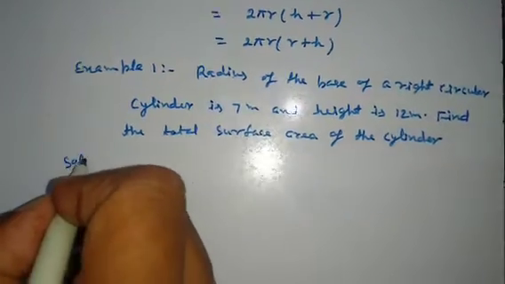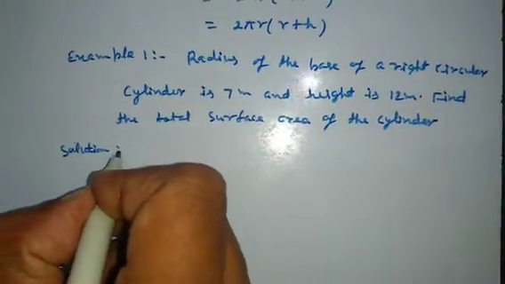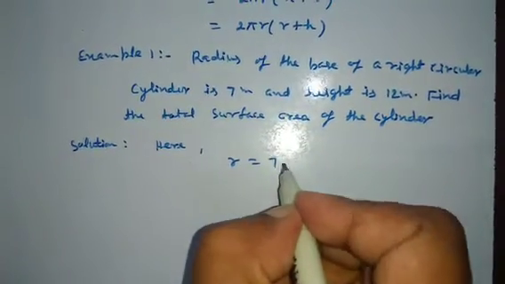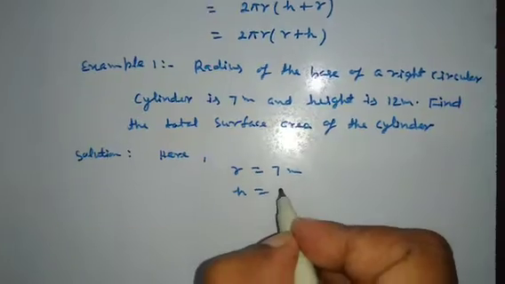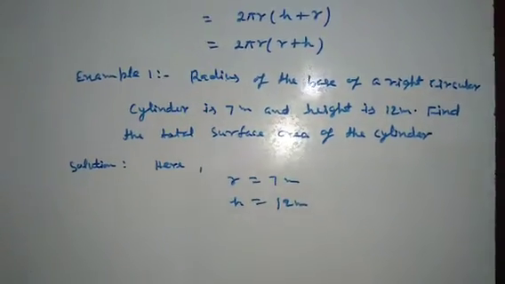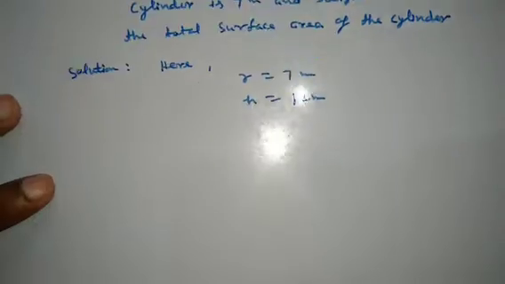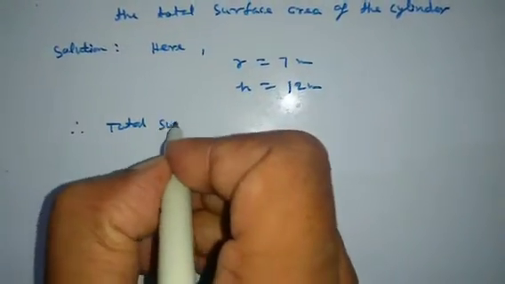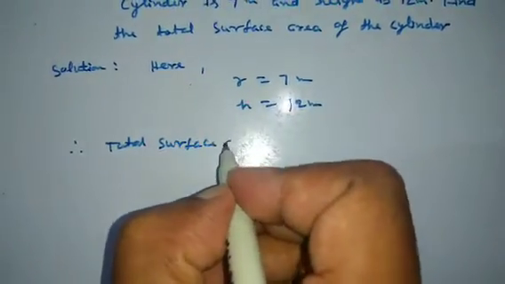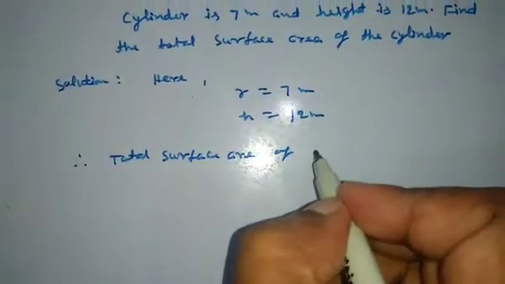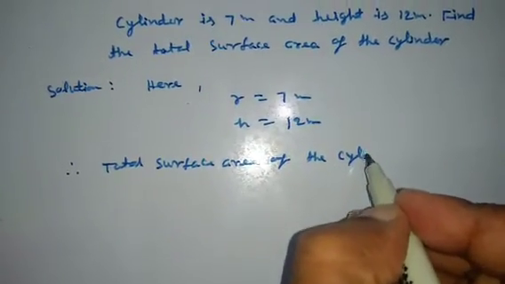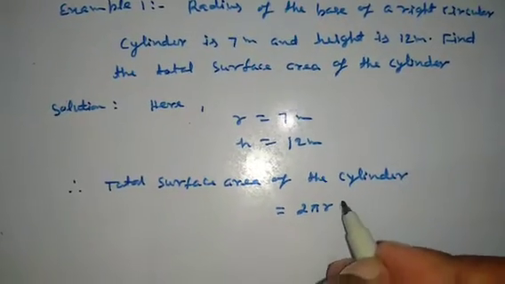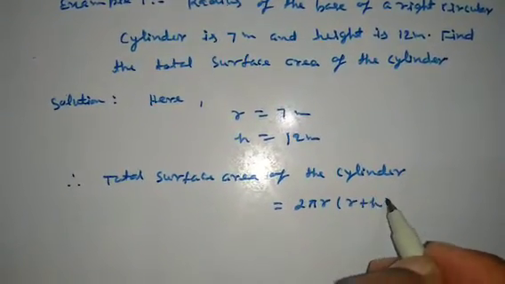Solution: here r is equal to 7 meter, h is equal to 12 meter. So total surface area of the cylinder equal to 2 pi r into r plus h.